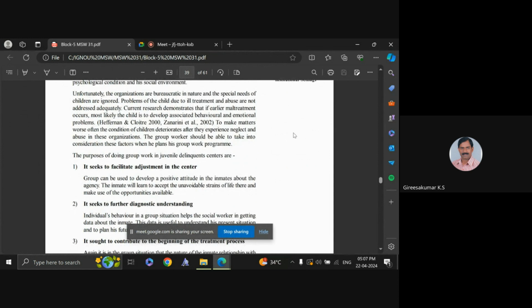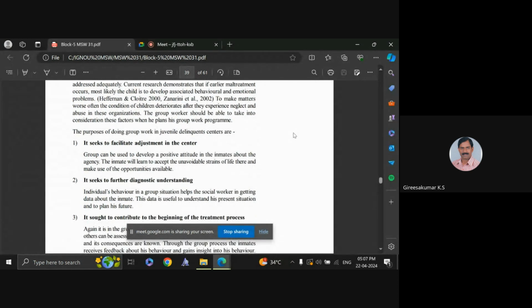The purpose of doing group work in juvenile delinquency, that I have told you, is to change a small kid or children who committed crimes and were put in juvenile homes.